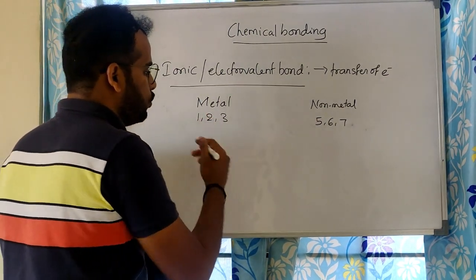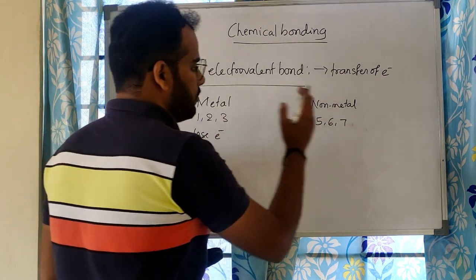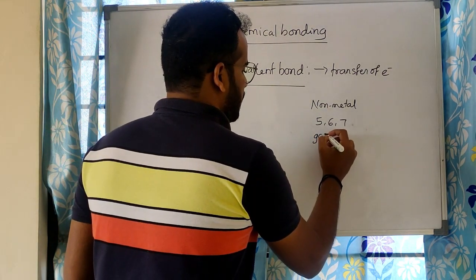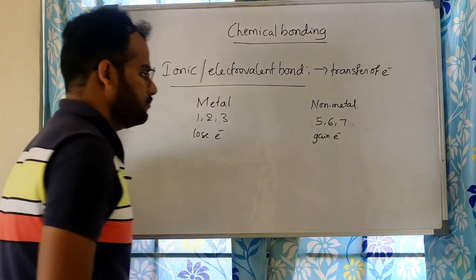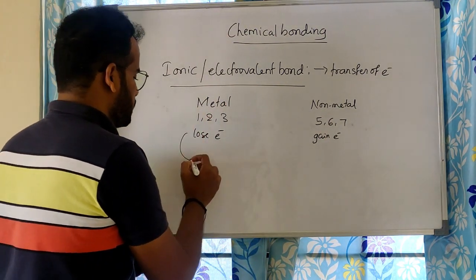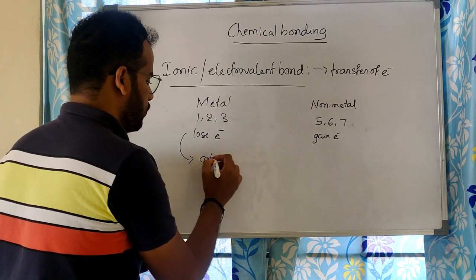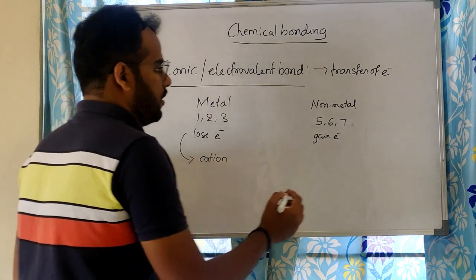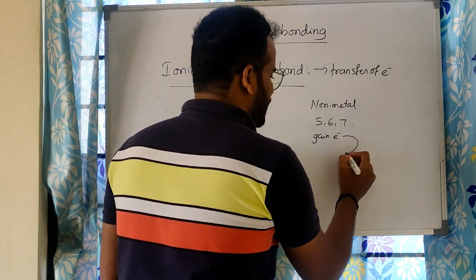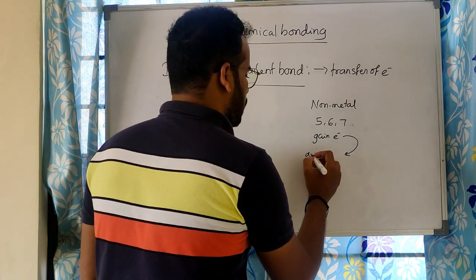Metals lose electrons. Meanwhile, non-metals gain electrons. Once metals lose electrons, they form a positively charged ion which we call a cation. Non-metals, after gaining electrons, form a negatively charged ion which is called an anion.